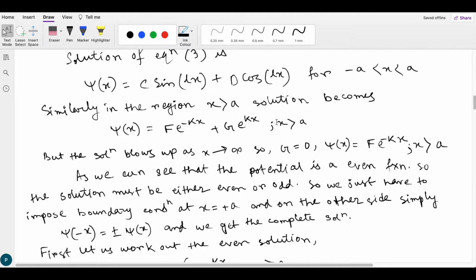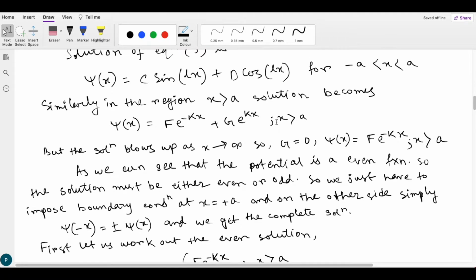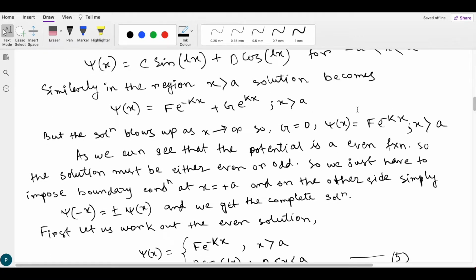So the same argument goes here. If we put the limit, the wave function blows up, but if we put G equals 0, then we are fine. So the wave function becomes psi equals F e to the power minus kx for the region x greater than a.